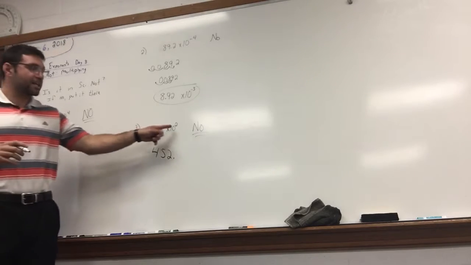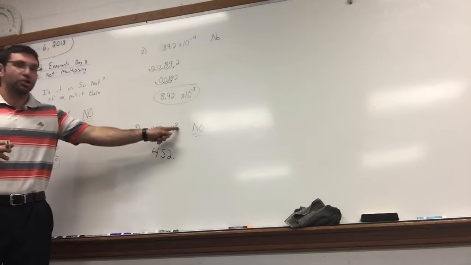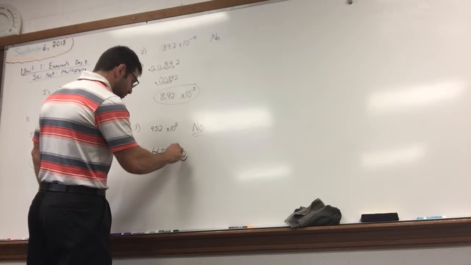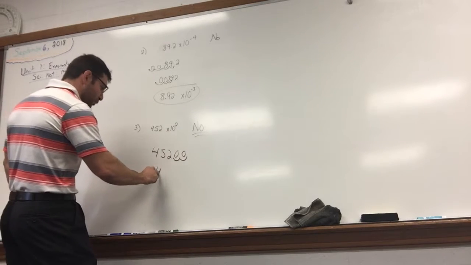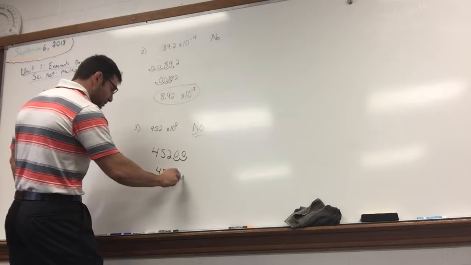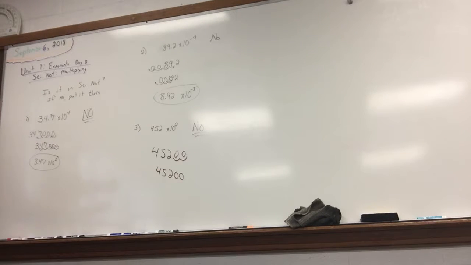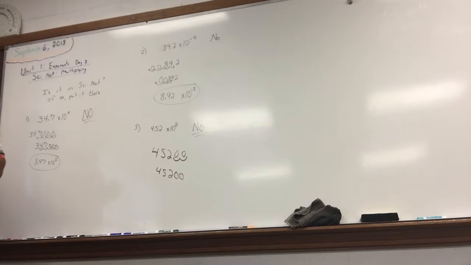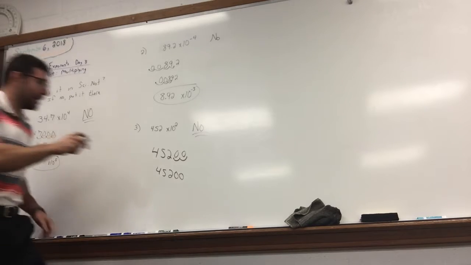Okay? So now to change this to standard form, it's telling me to jump to the right how many places? 2. 1, 2. So this number is 45,200. Now let's go back to you, Simone. To change it to scientific notation, where does the decimal have to be? Between what two numbers? The 4 and the 5.